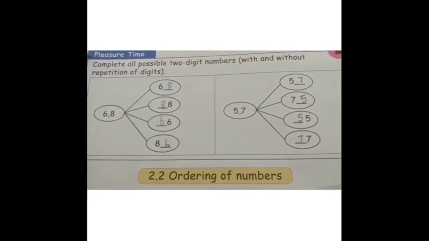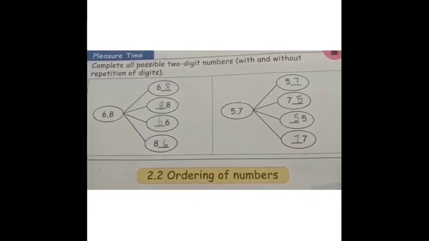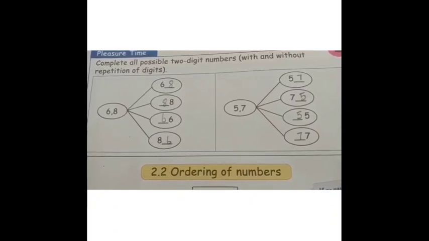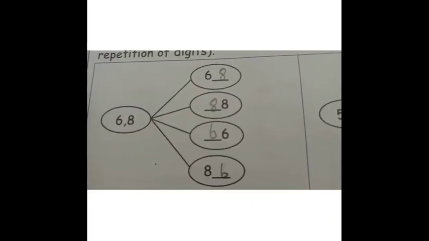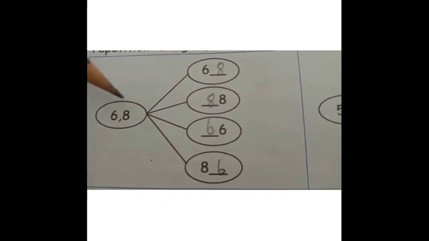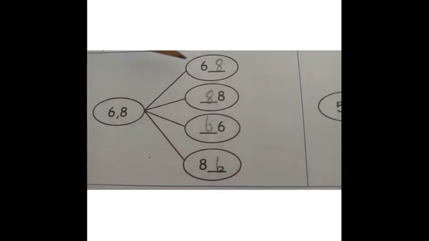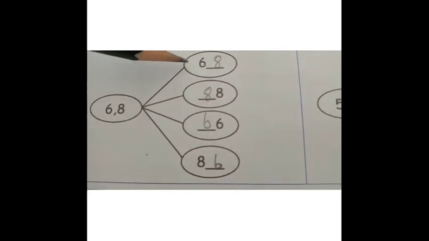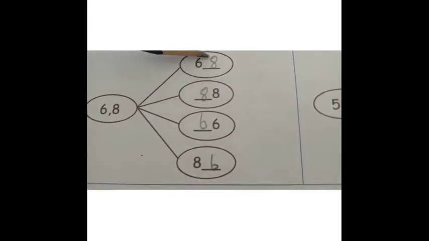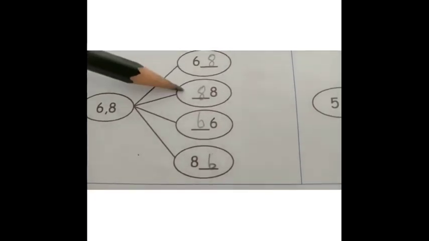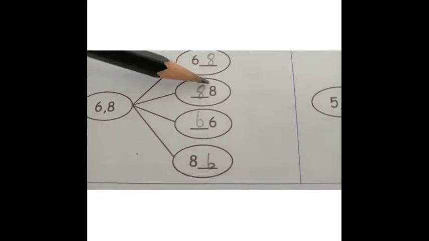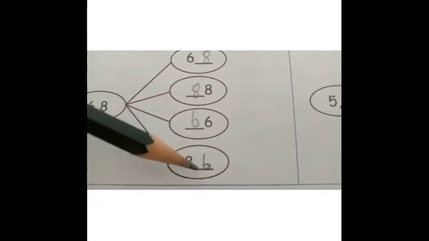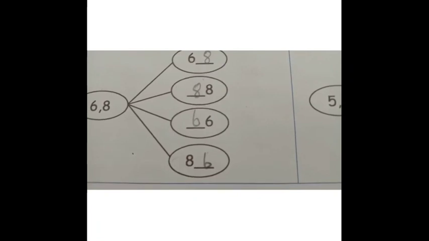Pleasure time. Complete all possible 2-digit numbers with and without repetition of digits. The given numbers are 6, 8. Now we have to form 2-digit numbers with and without repetition. 6, 8, 68. 8, 8, 88. 6, 6, 66. 8, 6, 86.